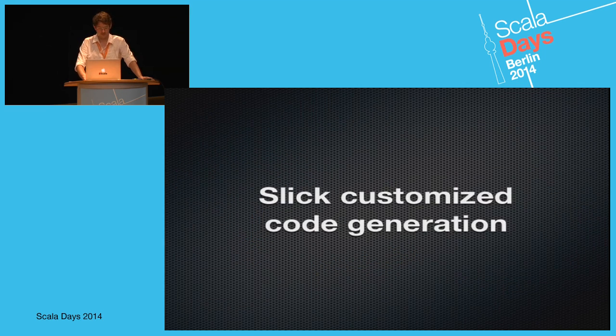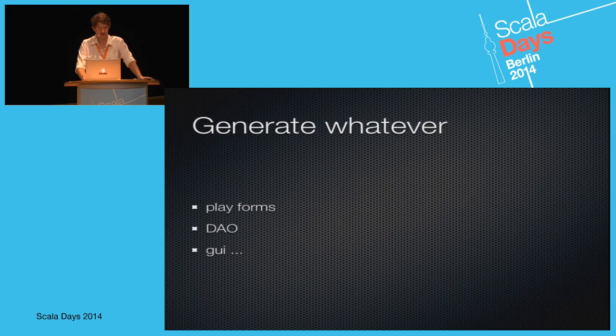For generating other stuff than what we have out of the box, you're able to customize the code generator. So you can generate Play forms and a DAO and GUI, depending on what makes sense. And that's one of the focuses of this talk, what makes sense.